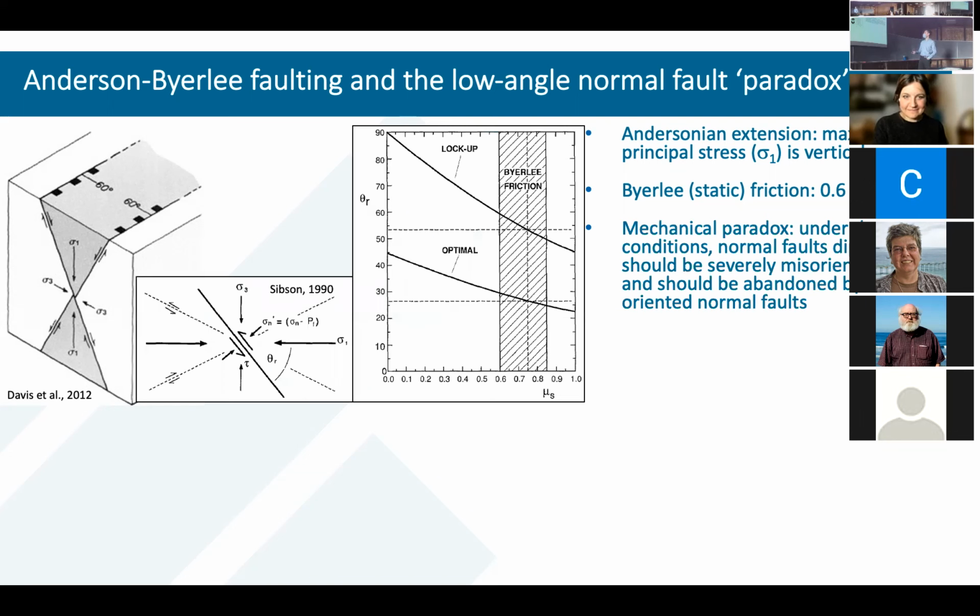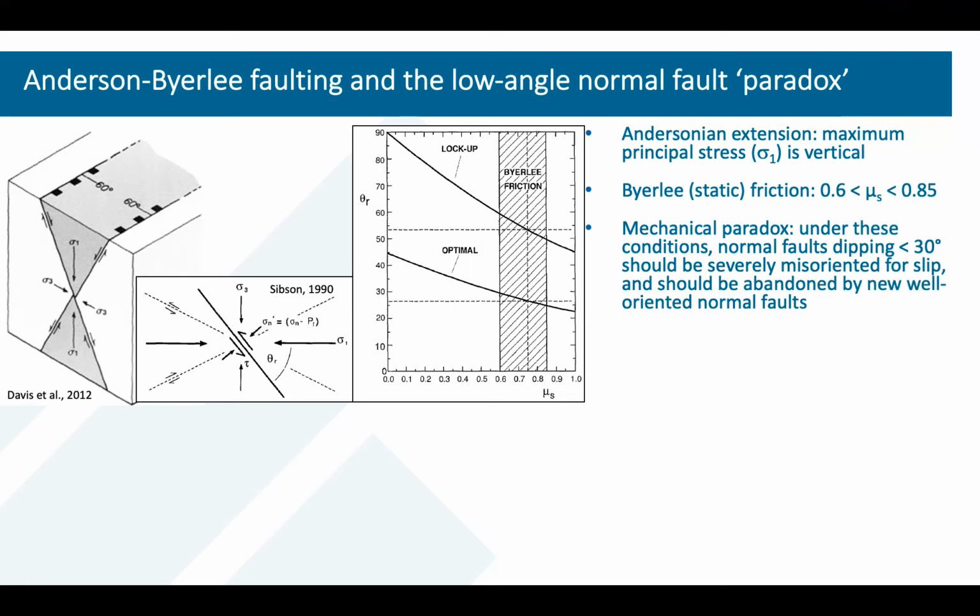And reactivation theory, as shown here in the Simpson 1990 paper, predicts that if we rotate our faults far enough away from their optimal orientation, so if we start at a reactivation angle of about 30 degrees relative to sigma 1, and we rotate the faults back until they're so poorly oriented that they should eventually lock up and become unable to continue to slip, we should then expect to see new faults forming instead of continued activity on the pre-existing faults.